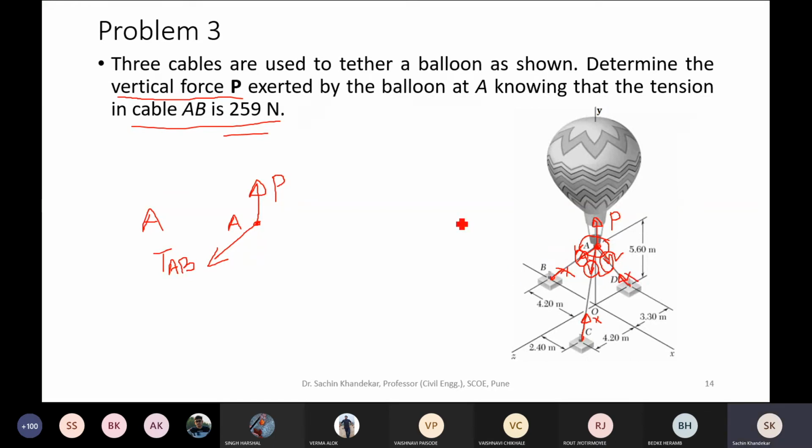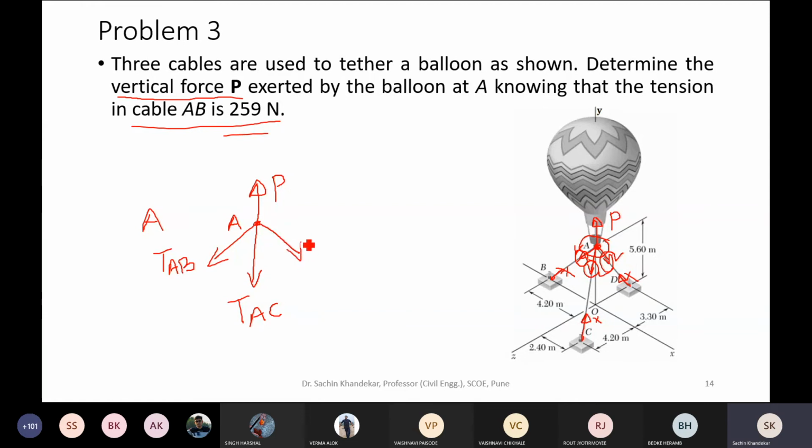So the direction of tension in cable AB is from A to B. See here, A to B. Similarly, what about the direction of tension in cable CA? It is from A to C. And then what about the direction of tension in cable AD?